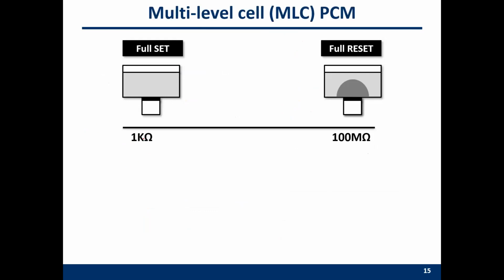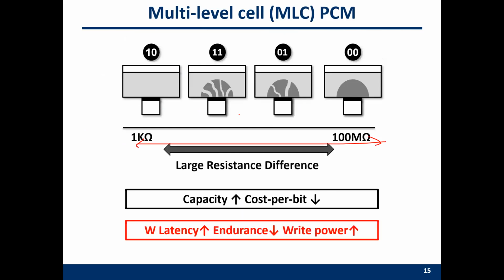We can use it to represent a 0. So there is a huge resistance spectrum between the low and the high resistance. It's possible to have more states in the middle of this range. How can you achieve that? It's easy.